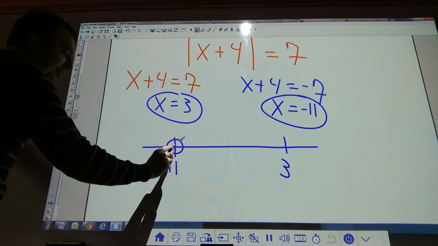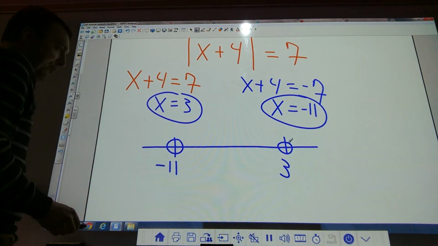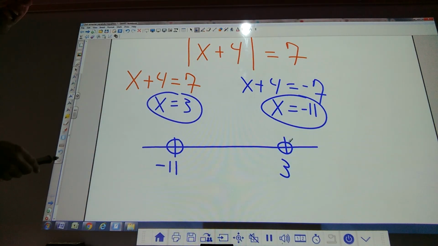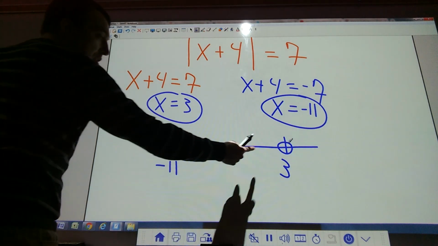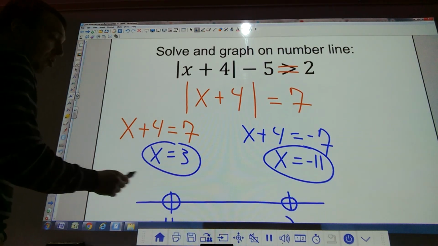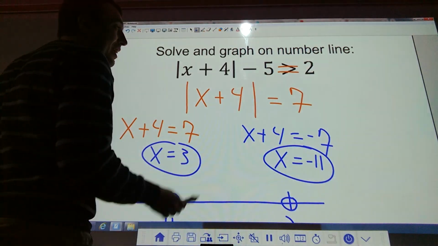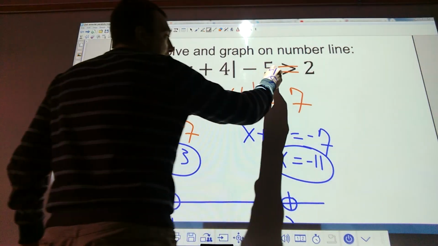We don't fill it in. If there was an equal to, we'd fill it in. And then we test a number. And I suggest 0. 0 is right here. It's in the middle. So if 0 works, we shade in the middle. If 0 does not work, then we shade on the outside.